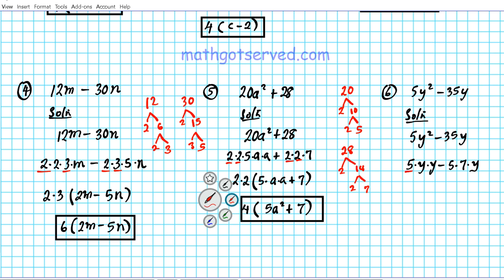That's common. 5 and 5 are common. And then y and y are common, so we factor those out. So we have on the outside the GCF, which is 5y. And then y minus 7 stays behind, and that's the factored state of question number 6.